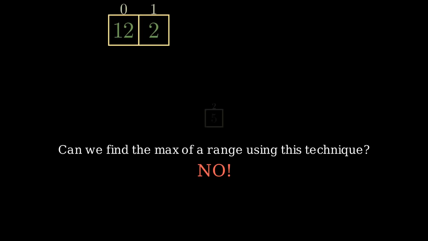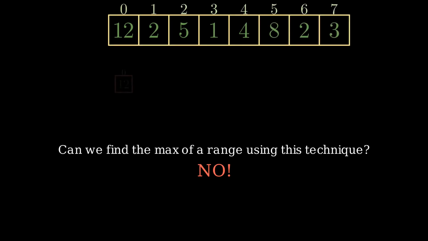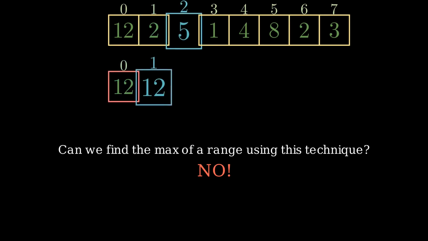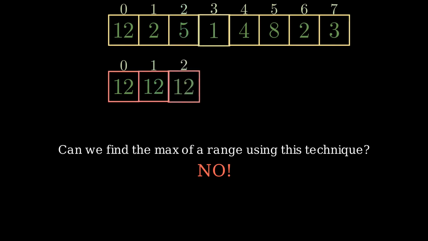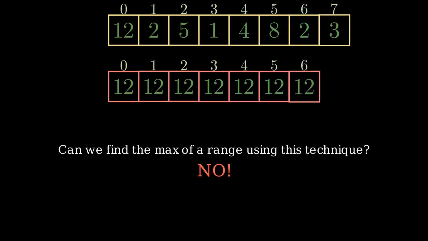Consider this array now. We will try to construct a prefix max if you may. We will start by 12, and then each time we will take the max of the prefix max with the values of the array. So we get 12, 12 again, 12. Basically, we will get 12 for all the entries in the array. And as you can see, the prefix max array we constructed is oblivious of the values in the original array.